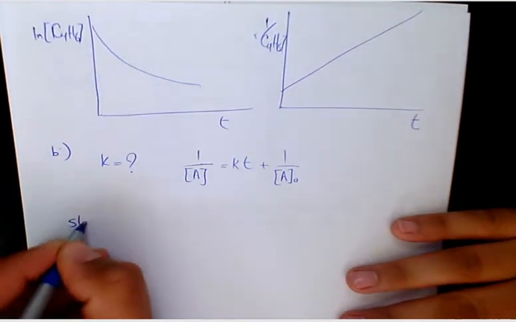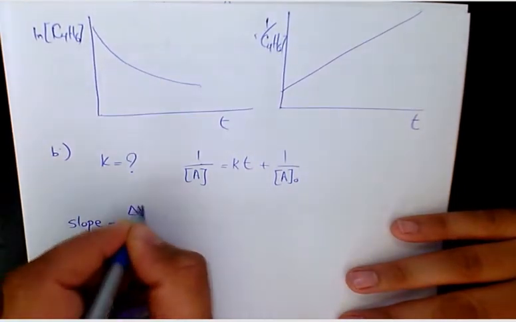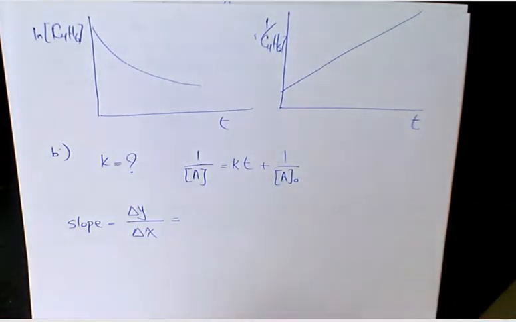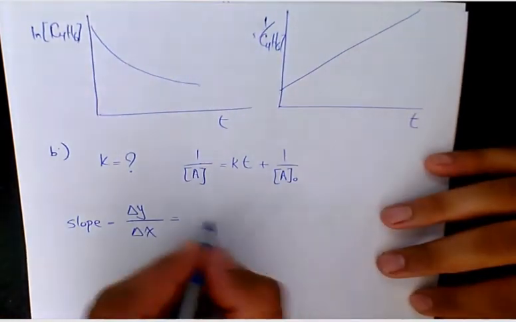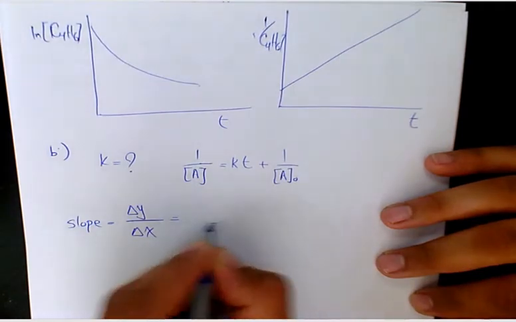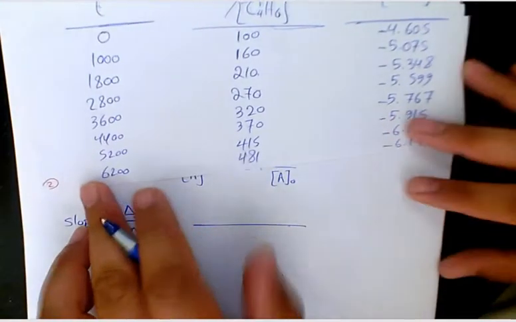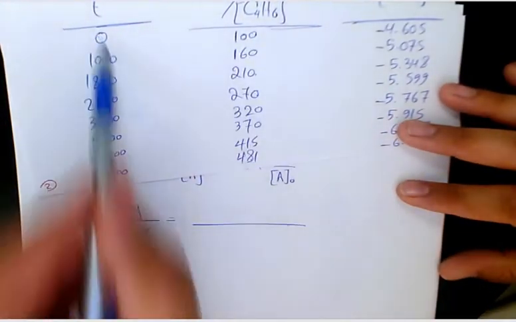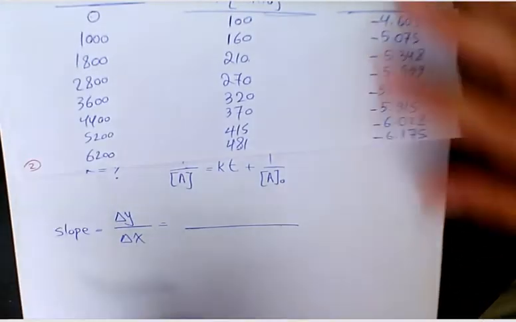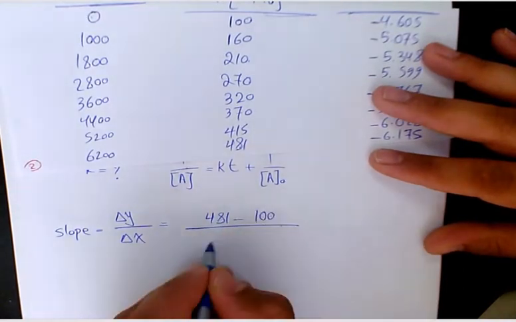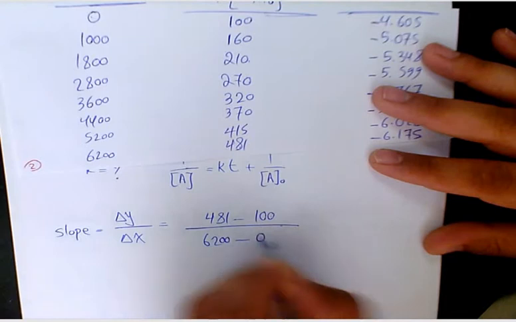So slope is gonna be change in y divided by change in x. So it is rise over run. So what we can do, I'm gonna consider the first and last in here. So it's gonna be 481 minus 100 divided by 6200 minus 0.